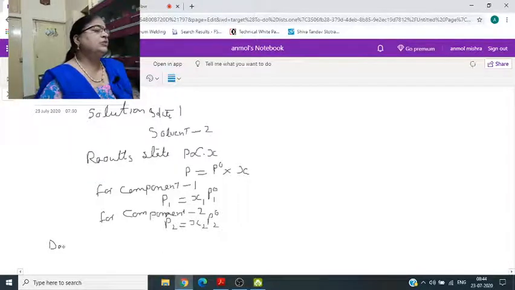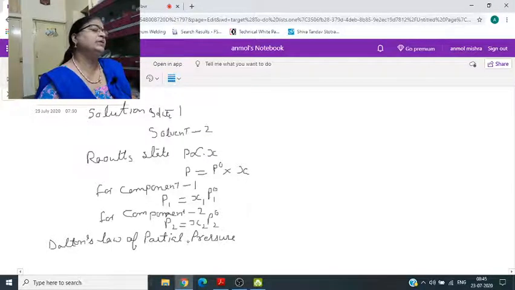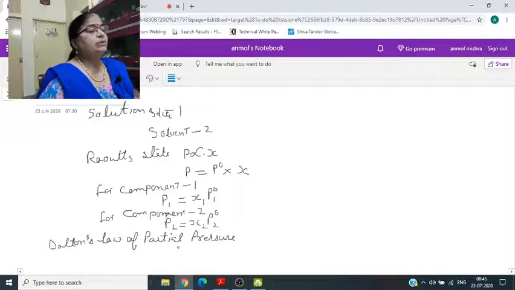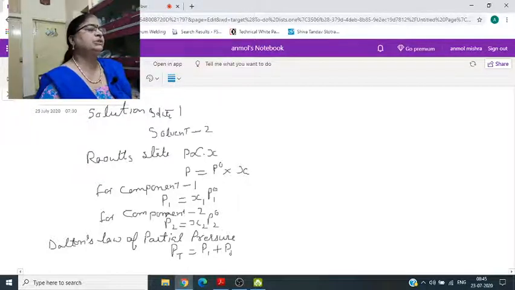From Dalton's law of partial pressure, if two gases or two liquids are immiscible or non-reactive, then the total pressure is equal to the sum of the individual pressures.